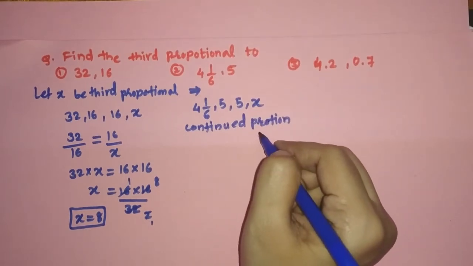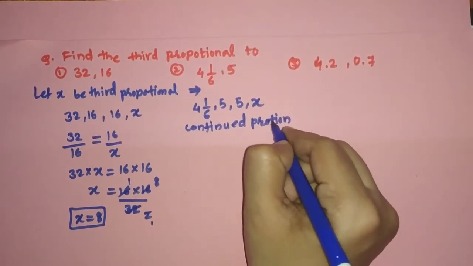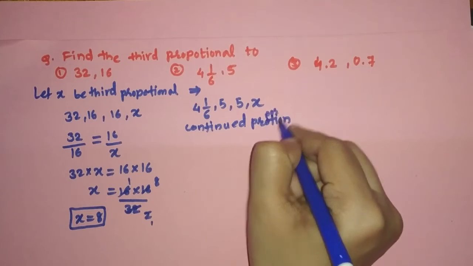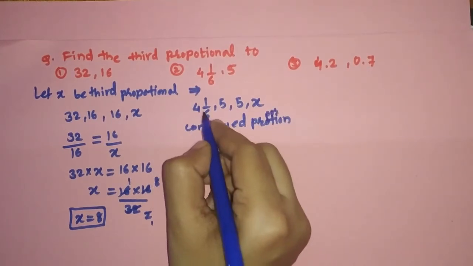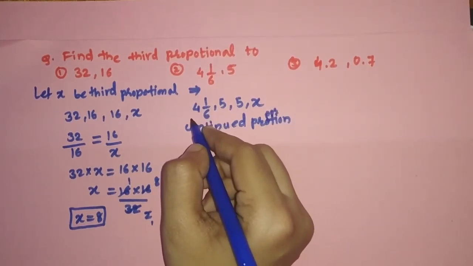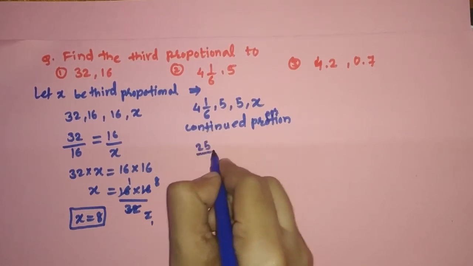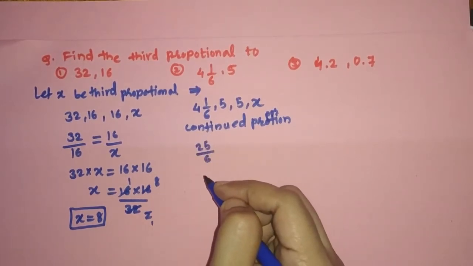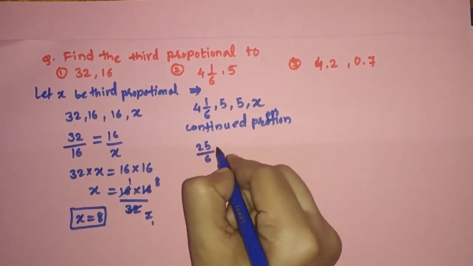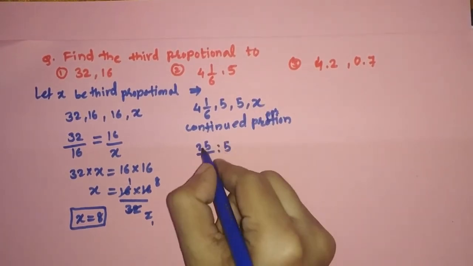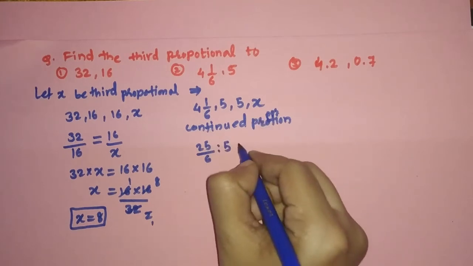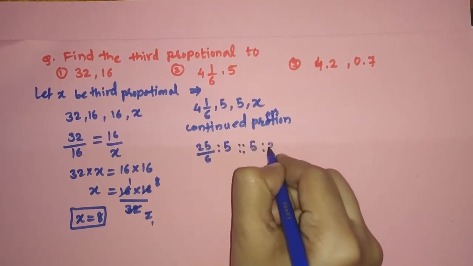So we need to find out, we can write proportion. So we'll convert first this into the improper one. Here we'll get a 25 upon 6, which is, 25 upon 6 is to 5, which is in proportion with 5 is to x.